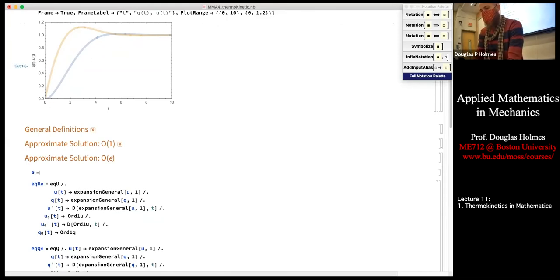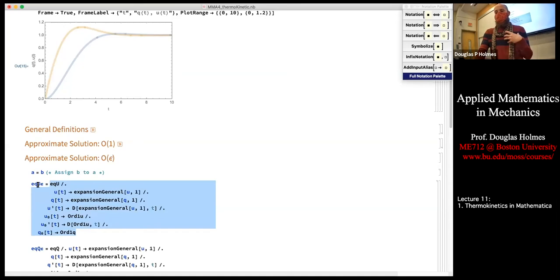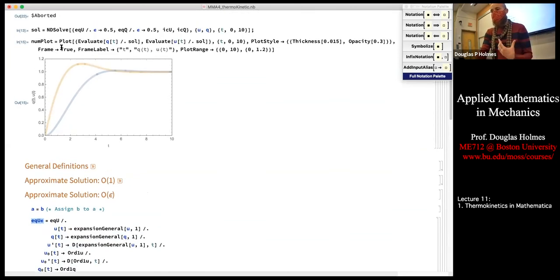Okay. Single equals, oh gosh, don't do that. So A equals B. You should read this as assign B to A. So right now, I'm assigning the result of all of this to this little variable here. The easiest way for me to remember this is that I can assign this output of a plot to a variable.